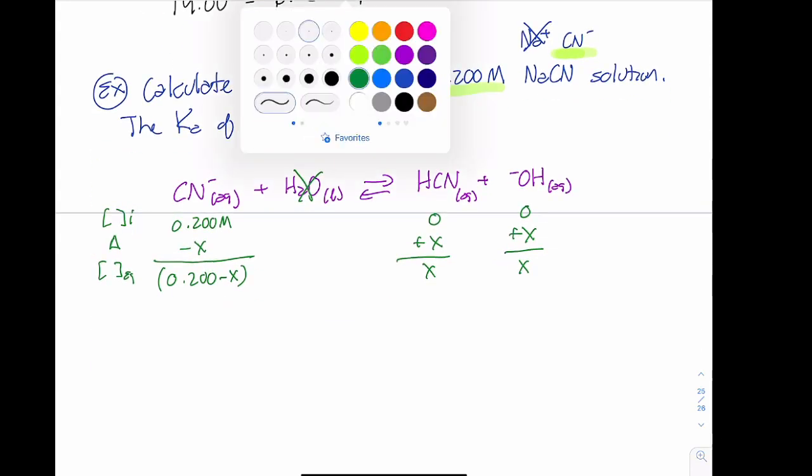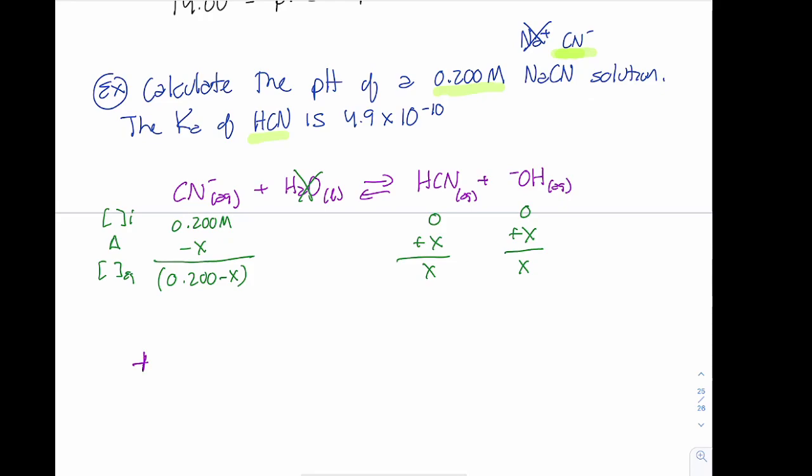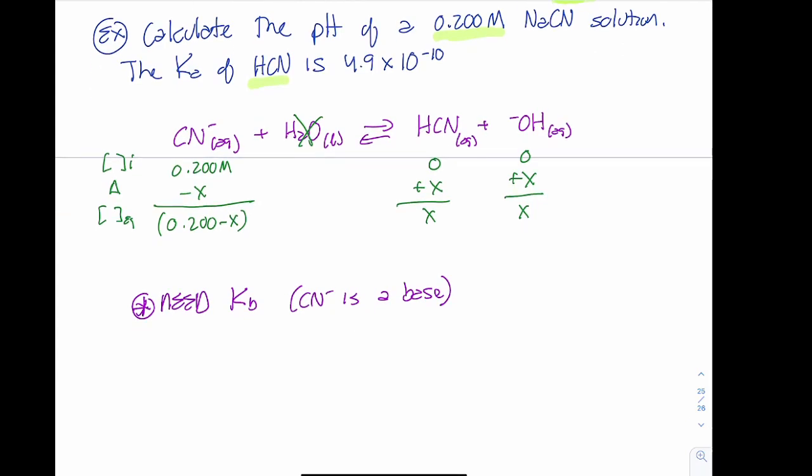So this is kind of our problem here, we need Kb, right? CN minus is a base. We wrote our base dissociation equilibrium equation. So to get that, I'm going to take Kw. I'm going to divide Ka, which was provided with the problem, into it.